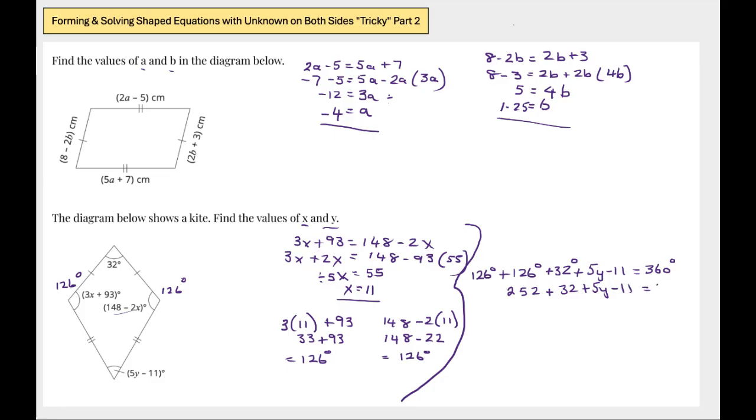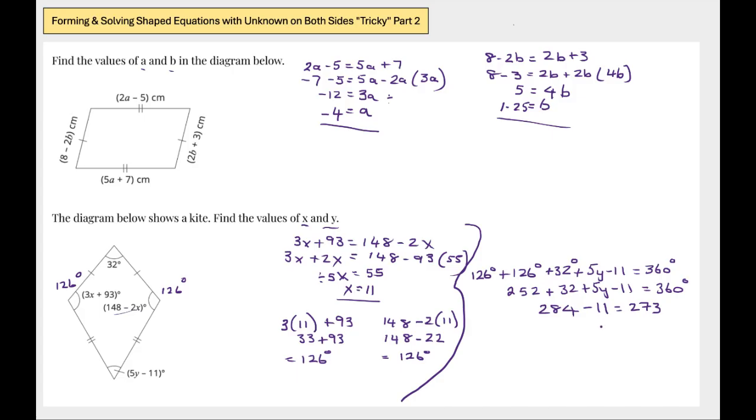I'm doing it in lots of steps. If you had the calculator, you'd be able to do it quicker, but hey, I'm here to teach. So that's 284 minus 11, which equals 273.